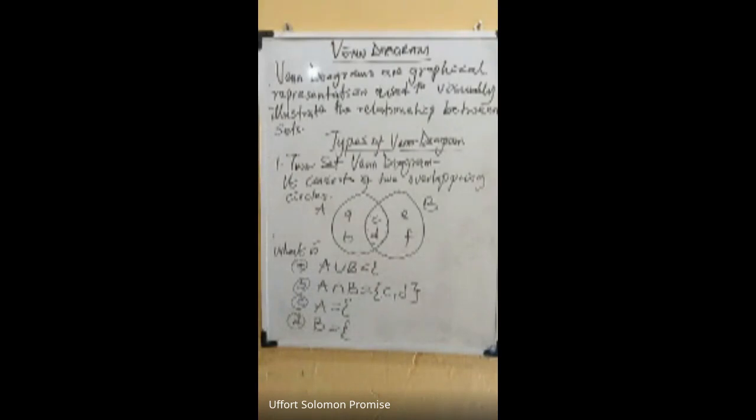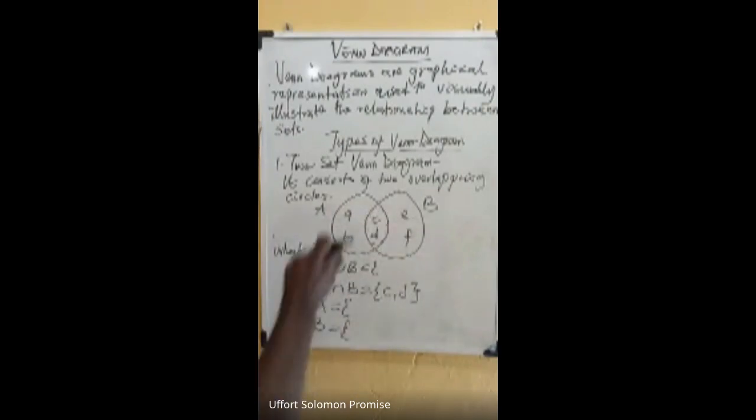Then the union, we had said that union is the sum of all elements in whatever number of sets. Now we have just two sets, set A and set B. So you look at the total number of elements we find in A and in B. You have 1, 2, 3, 4, 5, 6.